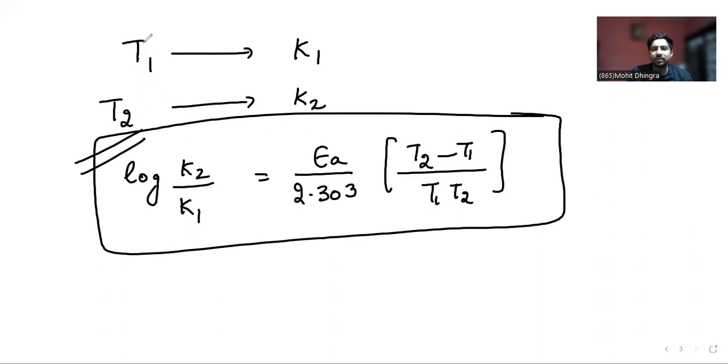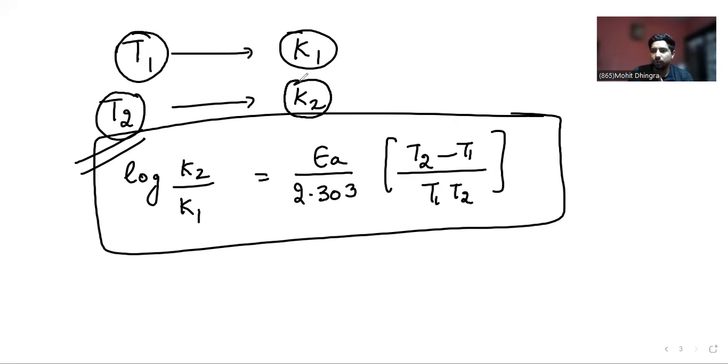What is this? This is temperature T1. At that time, the rate constant of the reaction was K1. Now when the same reaction undergoes an increase in temperature and goes to temperature T2, its rate constant is K2.